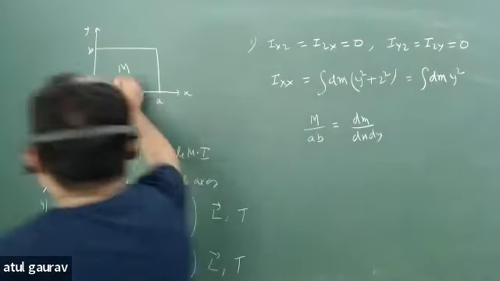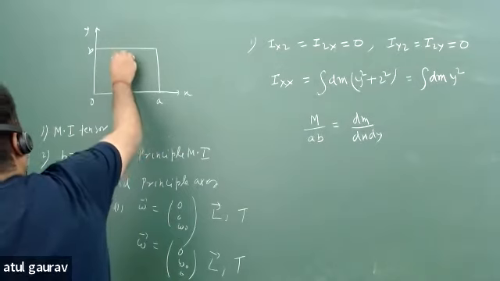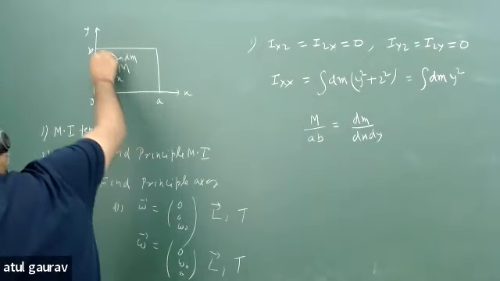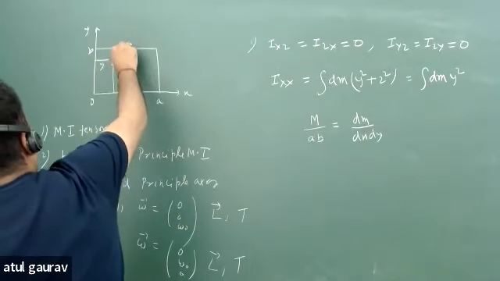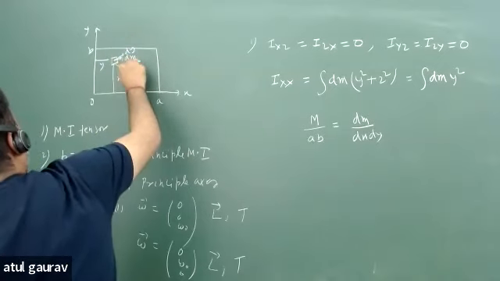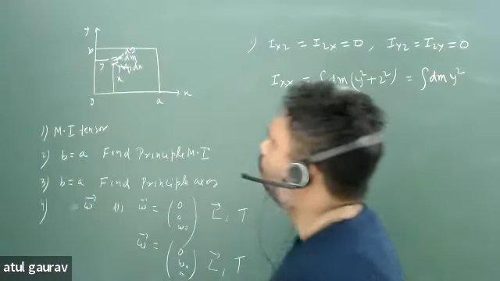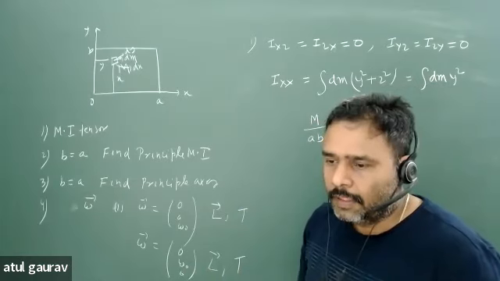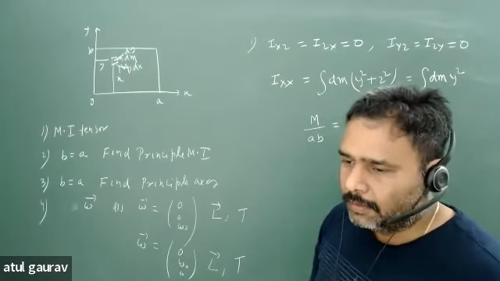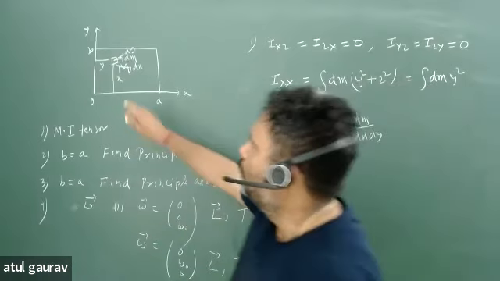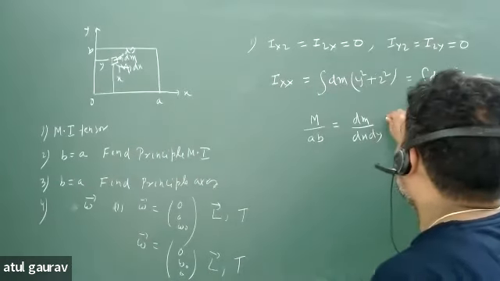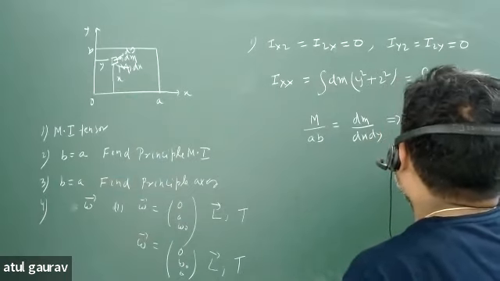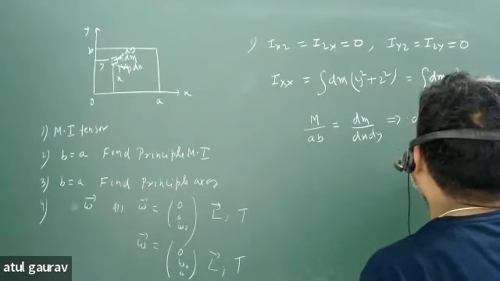What we can do is take an elemental mass dm at distance x and at distance y, of width dx and dy. You can take a small area like that. Are people able to understand this? Yes, sir. So from here we can write dm is equal to M upon AB dx dy.